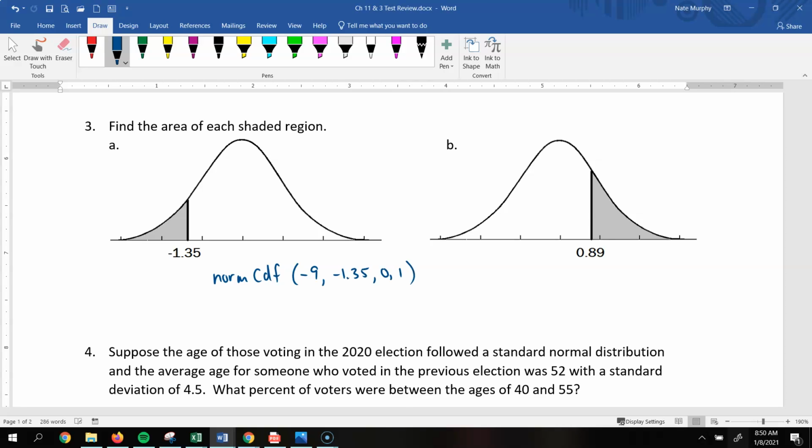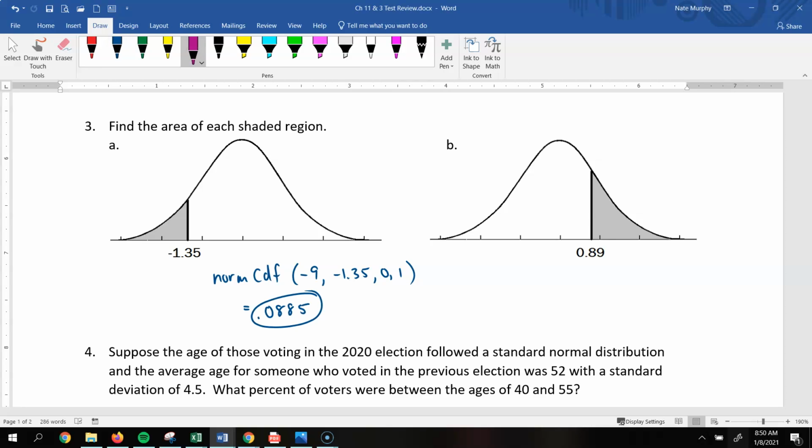Some of your calculators, you need to do this other part with the 0 and 1. Some of your calculators, it's just asking for the lower bound and the upper bound. But if you have the operating system where you have to put in 0 and 1, make sure to do that. And when you do that, you get your answer, which is 0.0885.